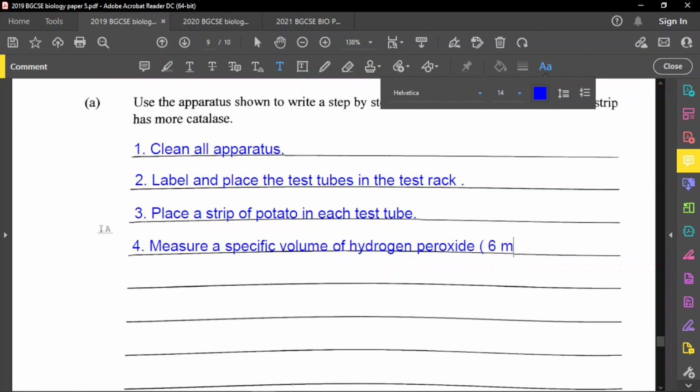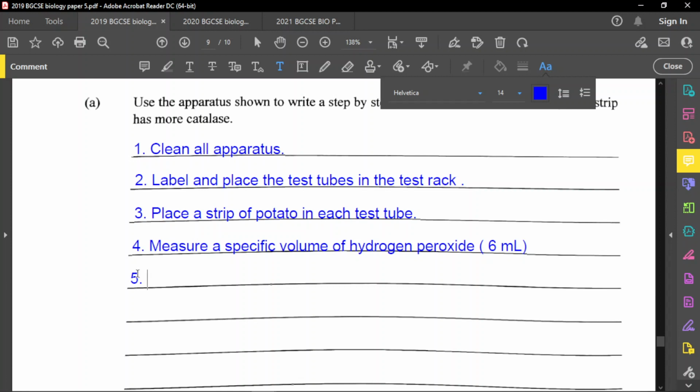So measure 6 ml. You can specify the amount you want, a little bit more, a little bit less, depending on what you want to do. It doesn't matter. But if the test tube is small, then you cannot use too much hydrogen peroxide because it will leave no space for the bubbles to form. The bubbles will keep running over the test tube.